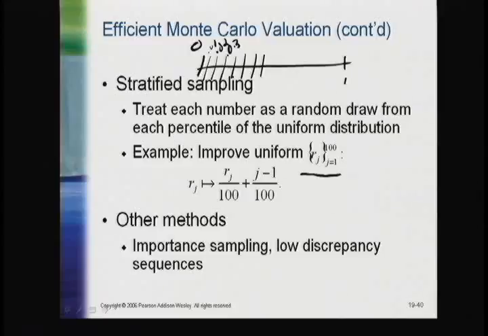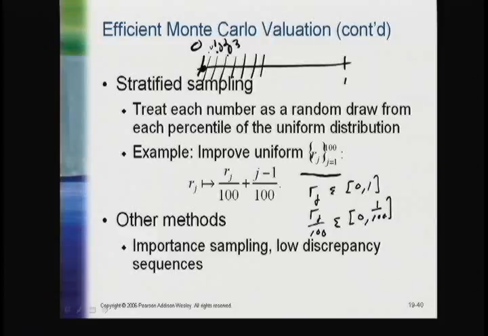And instead of taking these 100 R values and just letting them be anywhere in that interval, I'm going to take the first R value and scale it and force it to be in this first interval. And I'm going to do that by dividing it by 100. And what does that do? If Rj is in between 0 and 1, then obviously Rj over 100 is in between 0 and 1 over 100.